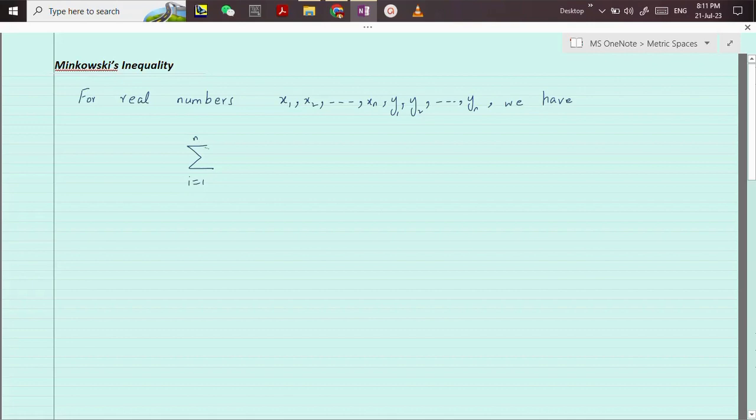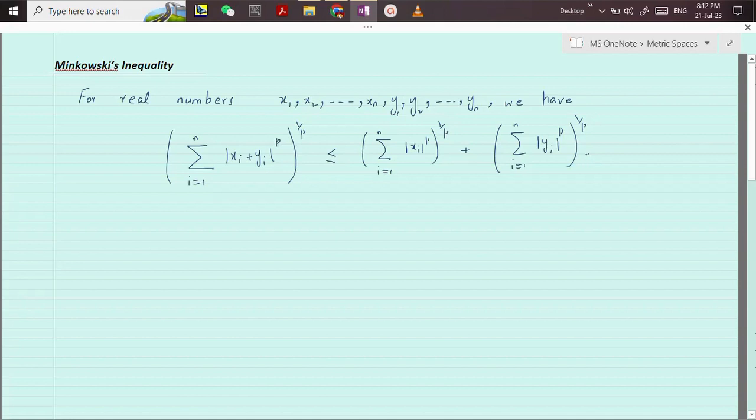Summation i from 1 to n, mod of xi plus yi power p, whole power 1 by p, is less than or equal to summation i from 1 to n, mod of xi power p, whole power 1 by p, plus summation i from 1 to n, mod of yi power p, whole power 1 by p.